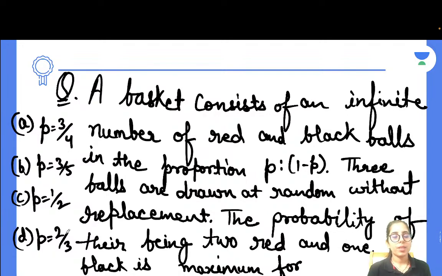So, in this case, they have mentioned a basket consists of an infinite number of red and black balls. Okay. Give me a second.